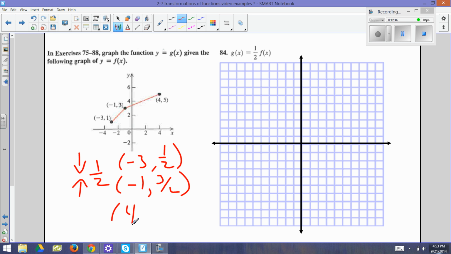Instead of (4, 5), it's (4, 5/2). So that's 2 1/2 right there. So it looks something like this right here.